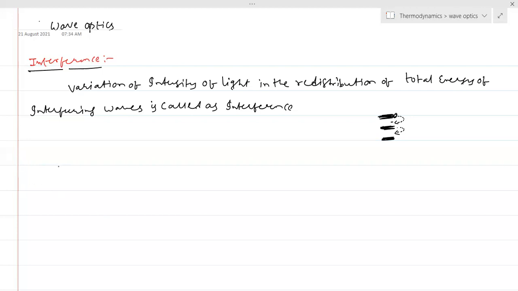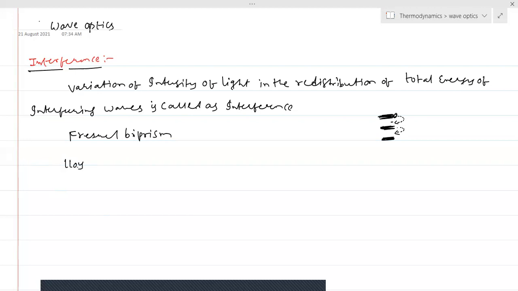Next, we are taking some examples of devices by which we obtain interference. One is Fresnel biprism and Lloyd's mirror, which give virtual image sources for a point source of light.